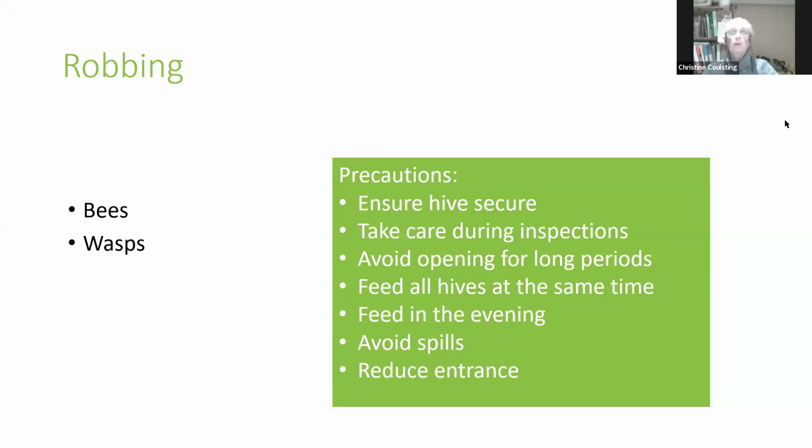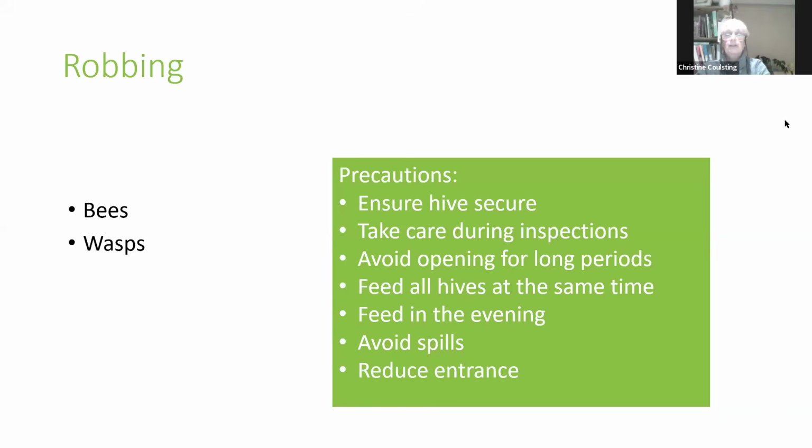Sorry, this is a very quick one I added. Robbing, so just be aware, can be carried out by other bees, colonies in the same apiary in particular, and also wasps. I think wasps have been quite a problem this year. A precaution you can take is to ensure the hive is secure.